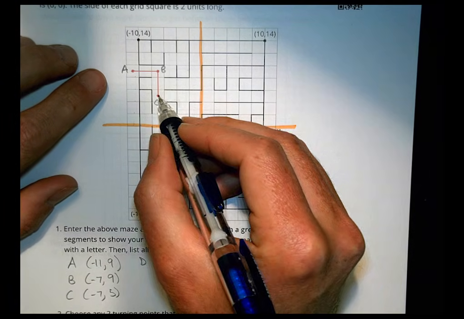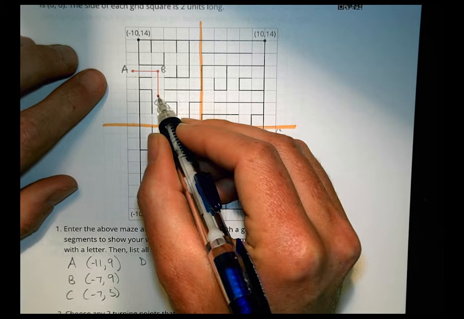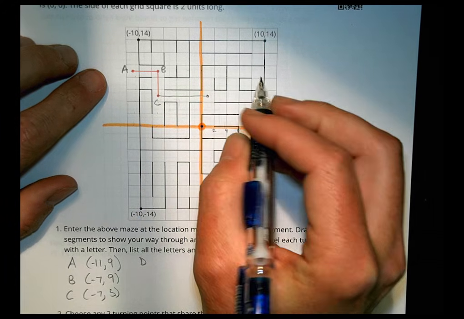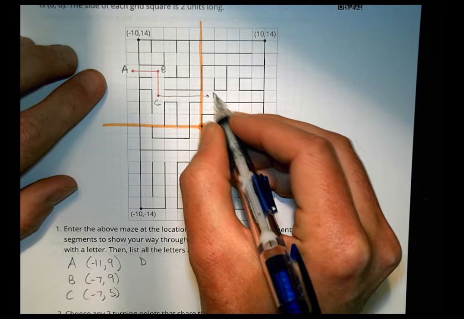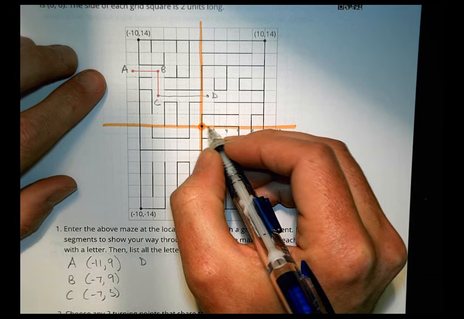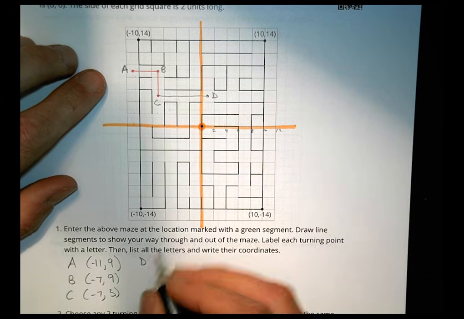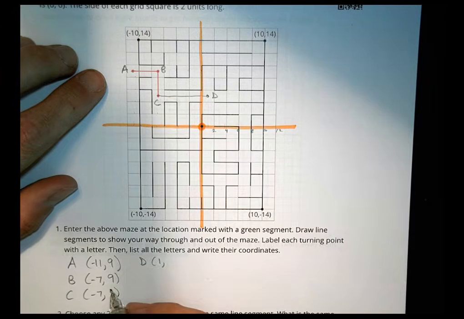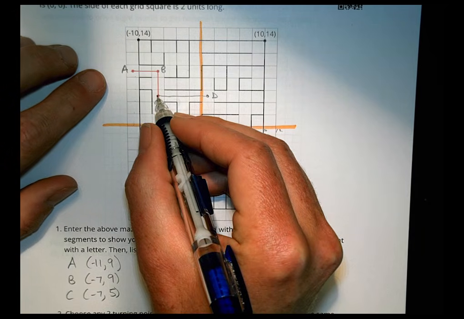Well, I'm going to take this and go all the way over to this opening right there. That's where I want to go. So call that D. Now where is D? D is located here, which is over at 1. Okay, and the x value is 1. And the y value, though, is still where it was before. We went straight across, so it was 5 here. It's still 5 there.